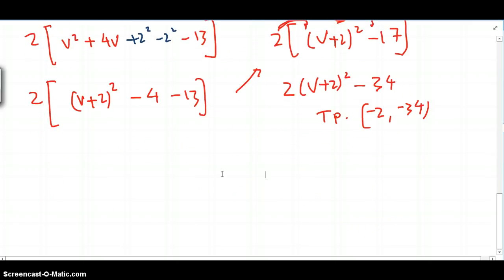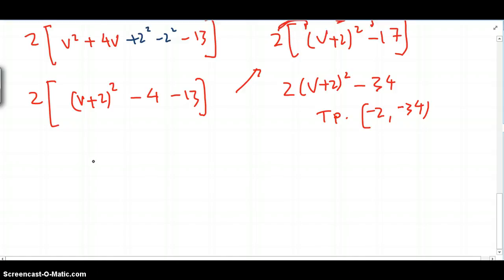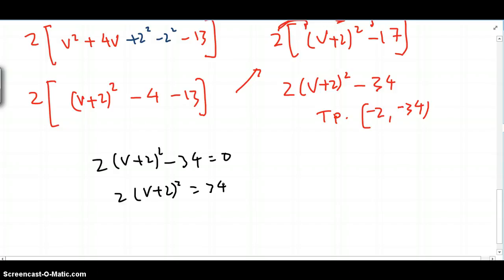And just taking it a step further, let's solve. If you wanted to solve this particular equation, what we would get is 2(v plus 2) squared minus 34 equals 0. This becomes 2(v plus 2) squared equals 34. Divide both sides by 2, so this becomes (v plus 2) squared equals 17.